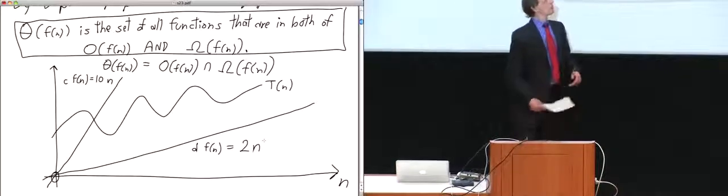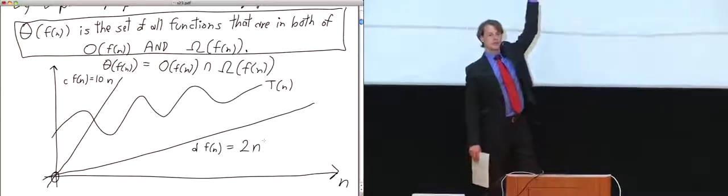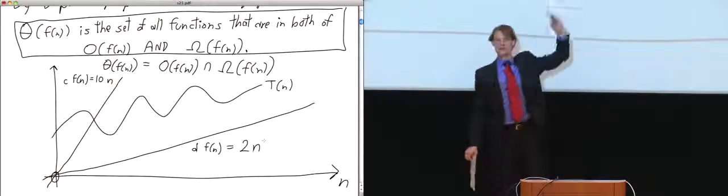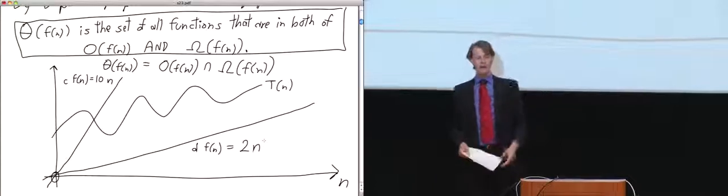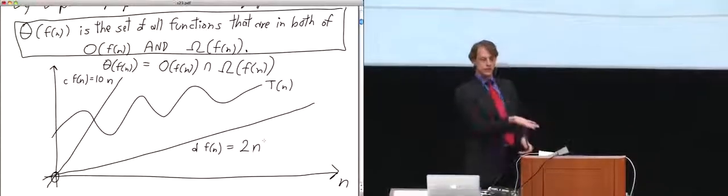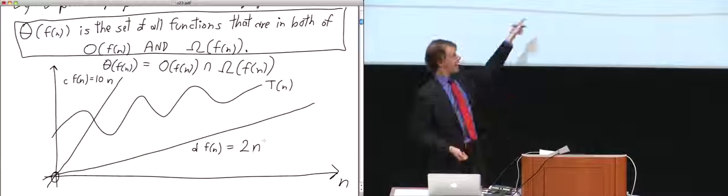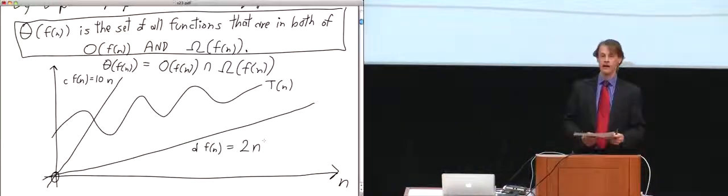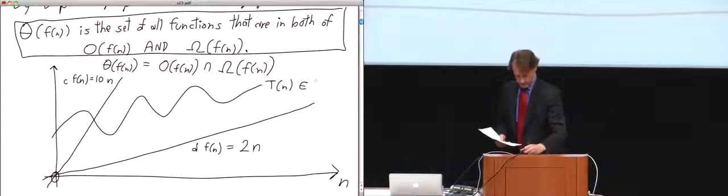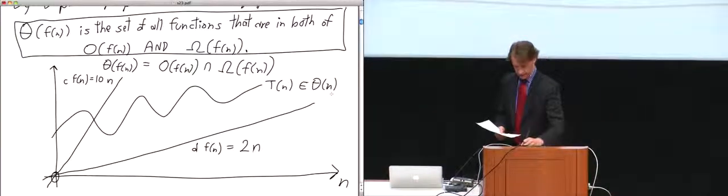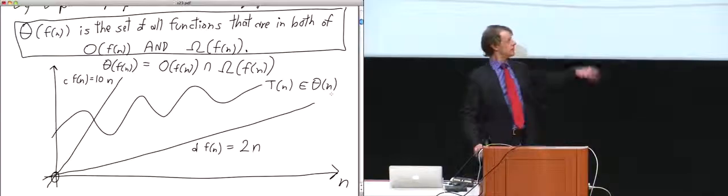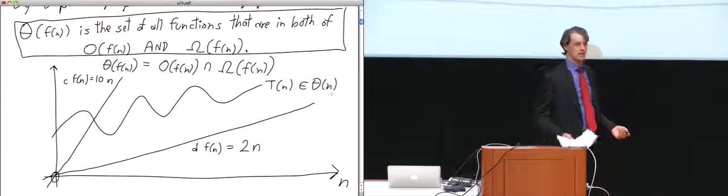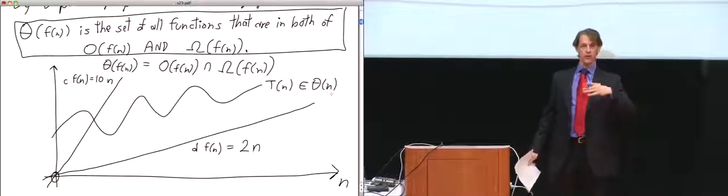And so what I'm saying is, these two lines form a cone going off to infinity. That wavy line in the middle, as long as it always stays between 2n and 10n as n goes to infinity, then we can say that that function is in big theta of n. So t of n is in big theta of n because it stays between those two lines as you go off to infinity. And of course, you need to pick different constants, one for the lower bound, one for the upper bound.